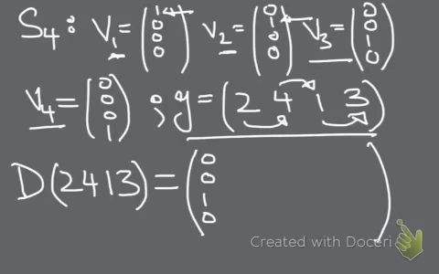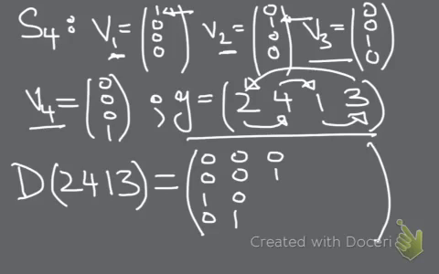Now for the second column, my object at position number 2 goes to position number 4, so I'll have my non-zero entry in my second column at the fourth row. So 0, 0, 0, and 1. Now my object at position number 3 goes to position number 2, so I'll have my non-zero entry in my third column at the second row, right?